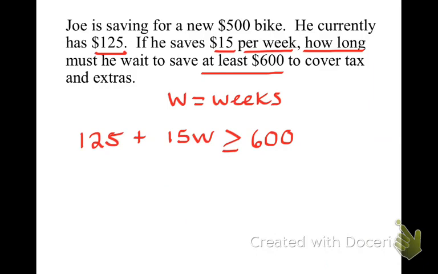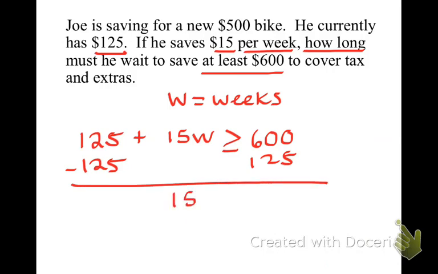And now we can subtract our 125. Got 15W is greater than or equal to 475. I'm dividing both sides by 15.